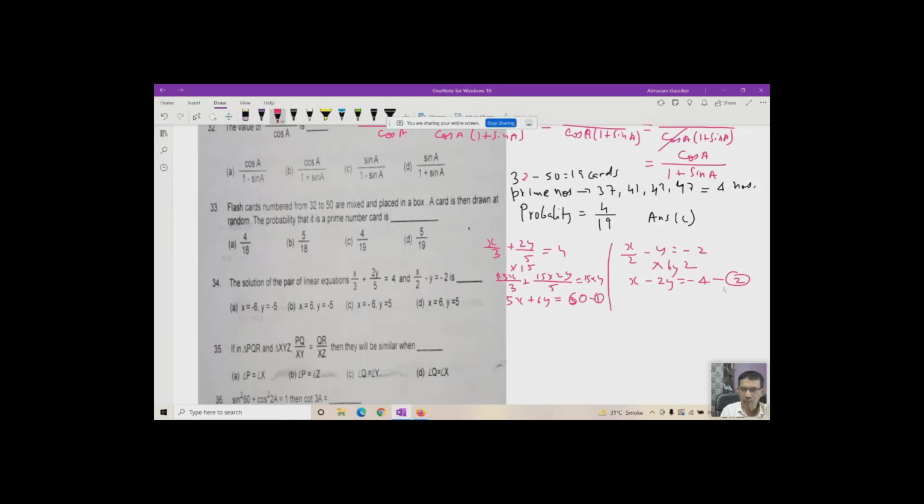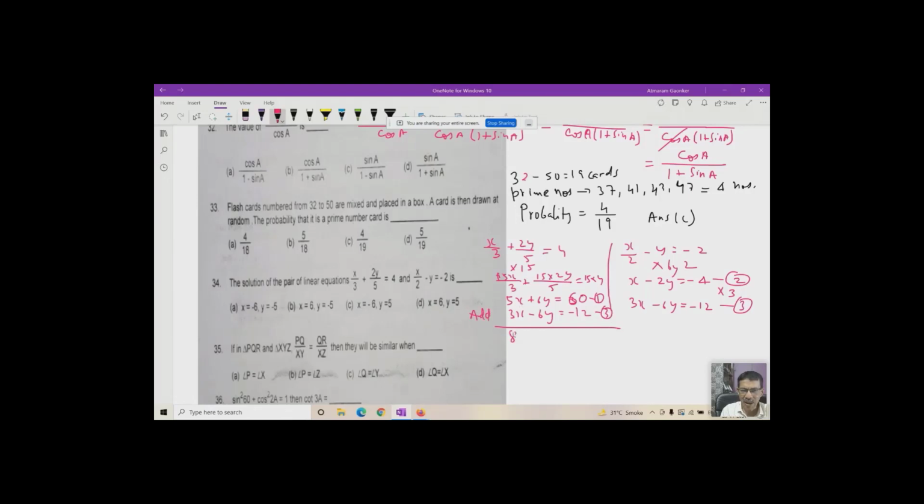I want 6y in place of 2y, so I will multiply by 3 and I will get 3x minus 6y is equal to minus 12. Let me name this equation 3. So I will add them and get the solution.